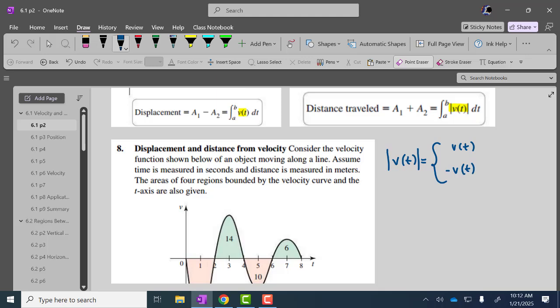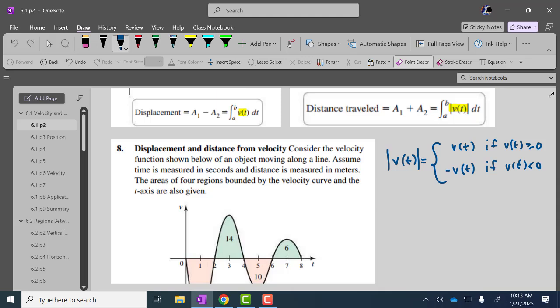So we just erase the absolute value bars if v of t is greater than or equal to 0. But if v of t happens to be less than 0, then we multiply by -1. That's how you make it positive. You multiply it by -1 if it's negative.